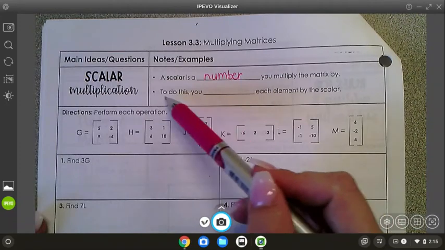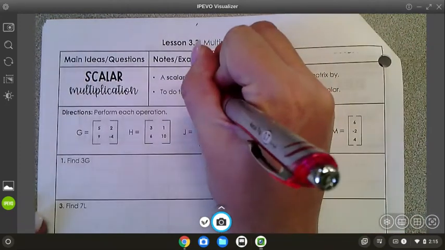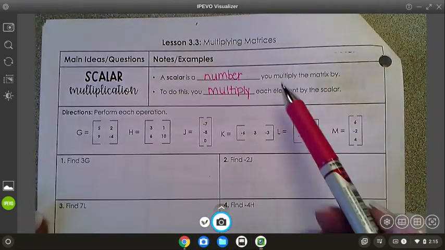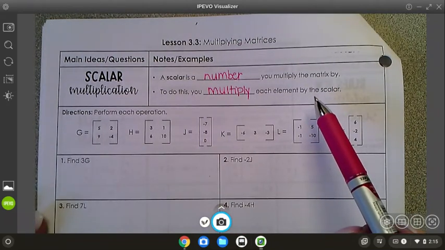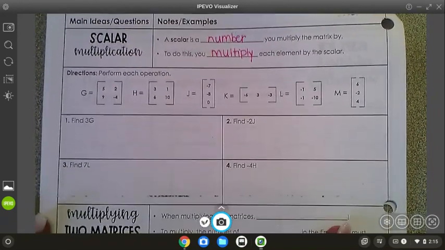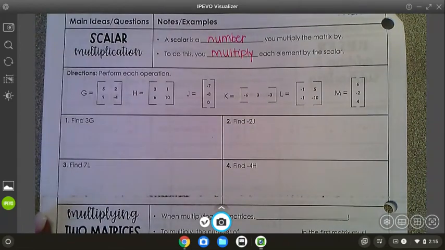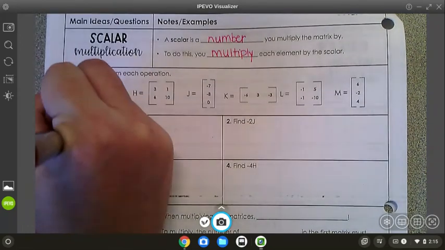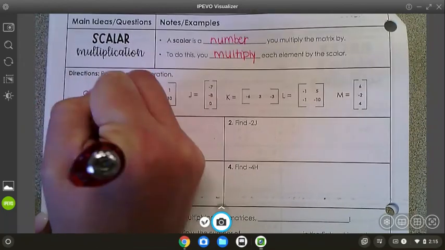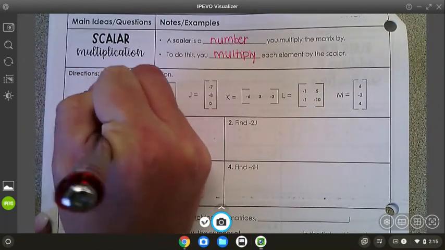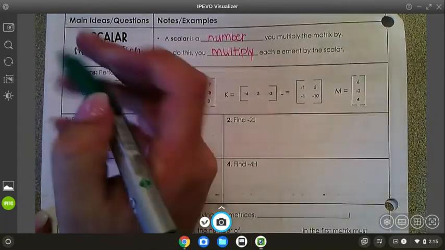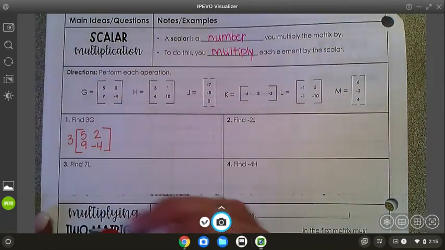To do scalar multiplication, all we do is multiply each element by the scalar. Kind of like the distributive property. So if we're doing 3G, that's 3 times matrix G, all we're going to do is distribute that 3.